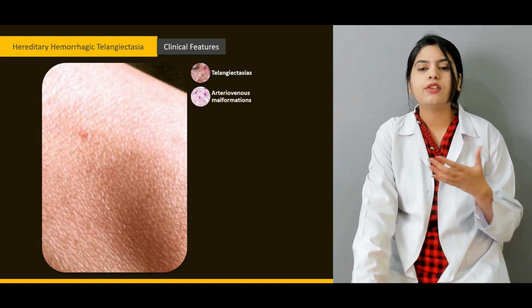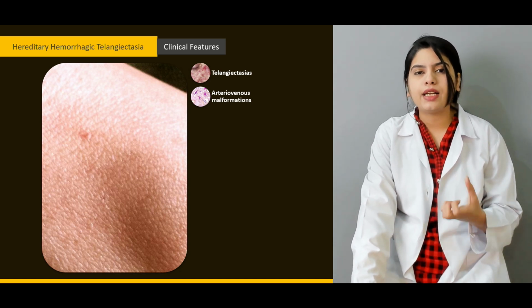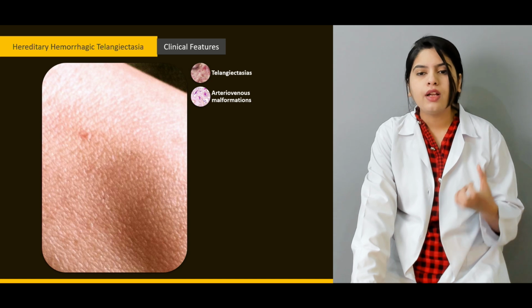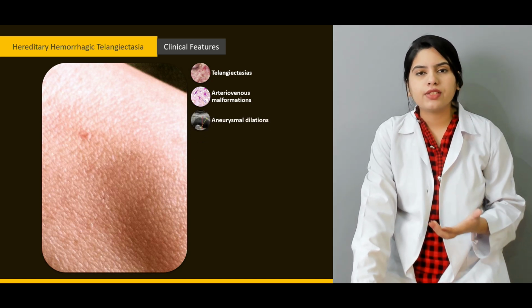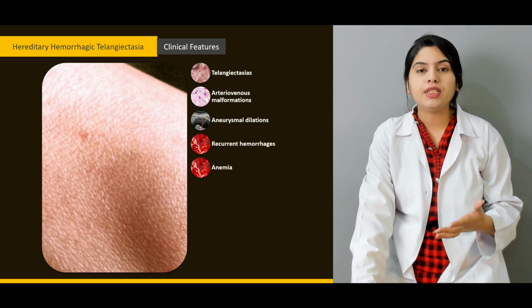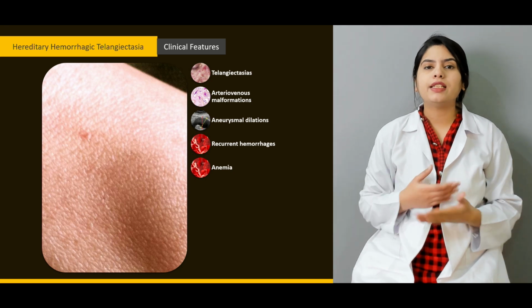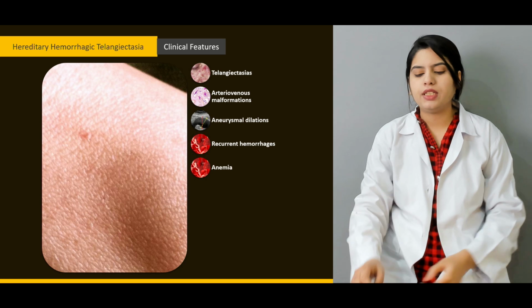Then there will be arteriovenous malformation, the defects in the arteries and the veins, their structure. Then there can be aneurysmal dilatations. There can be recurrent hemorrhages, there can be anemia. As there is ongoing bleeding and hemorrhages taking place, obviously the patient will suffer from anemia.